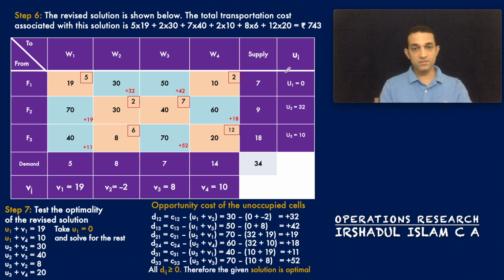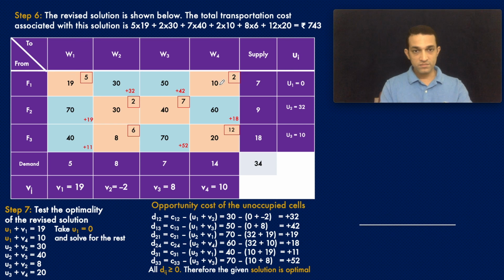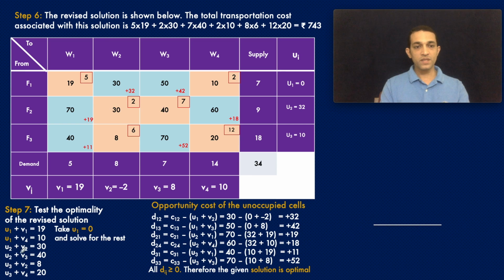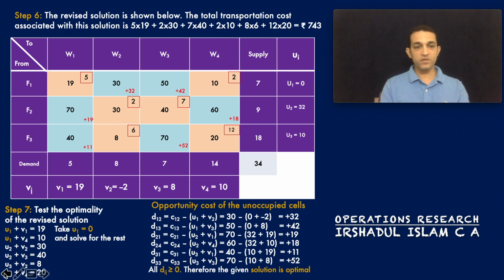So we will take for the occupied cells: u1 plus v1 equal to 19, u1 plus v4 equal to 10, u2 plus v2 equal to 30, u2 plus v3 equal to 40, u3 plus v2 equal to 8, u3 plus v4 equal to 20. This is the occupied cells.